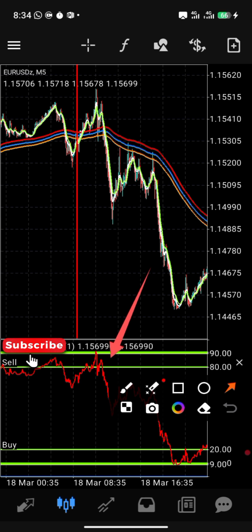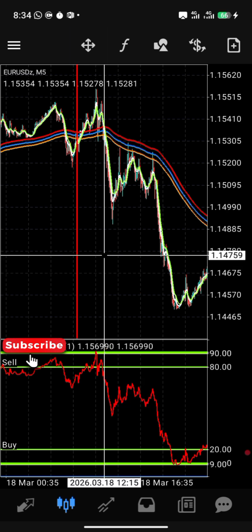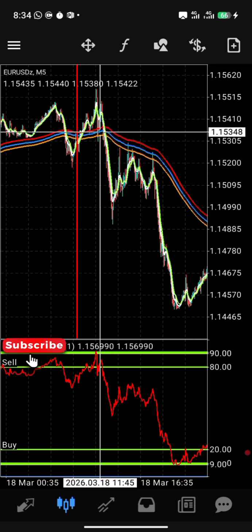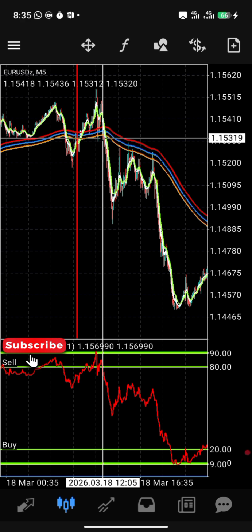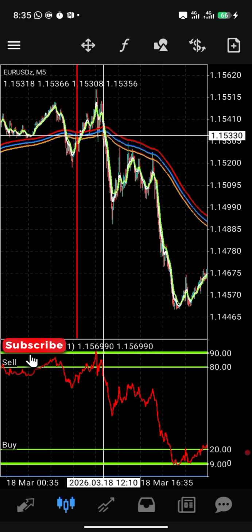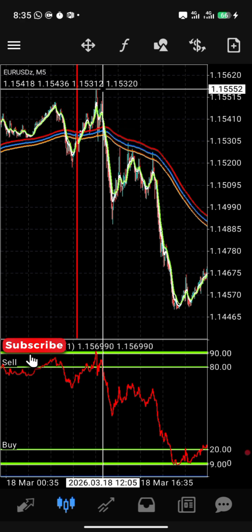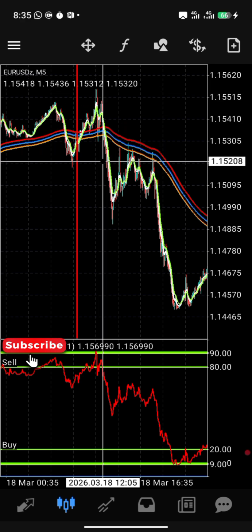You wait for price to come and cross the 80 level, this red line right here. And at that point, you would observe that this was where price was when this happened. So it is already below the channel. So you can confidently take your sell position at that place, set your stops above, and ride.